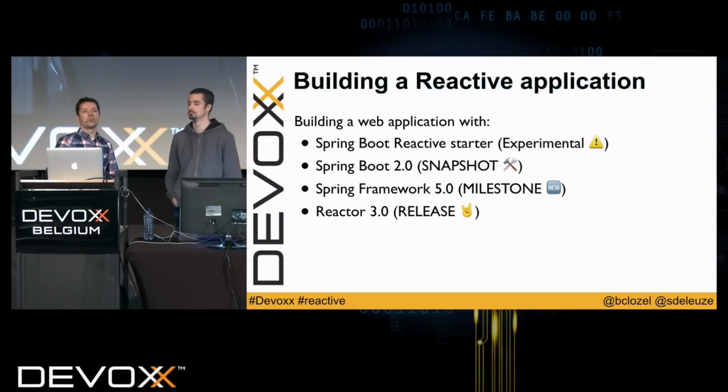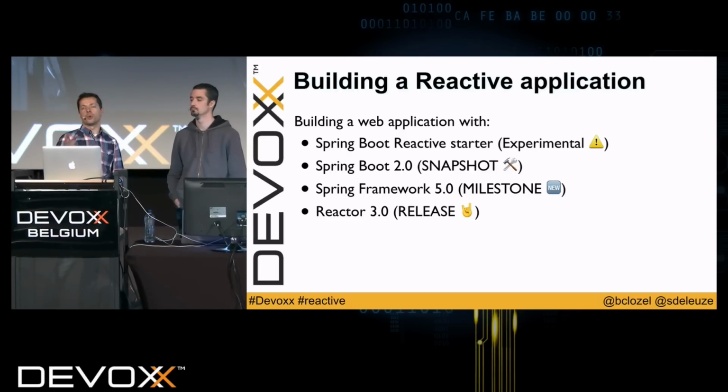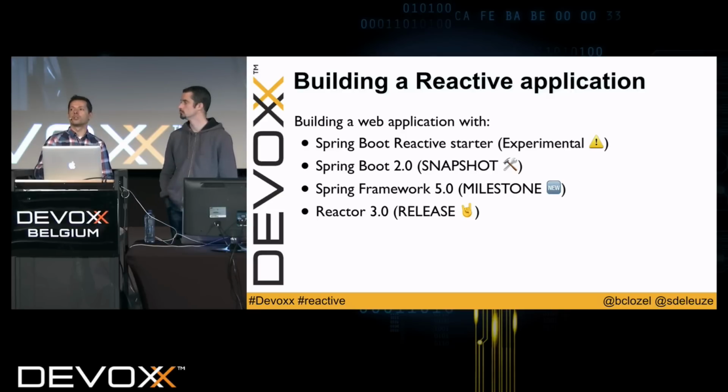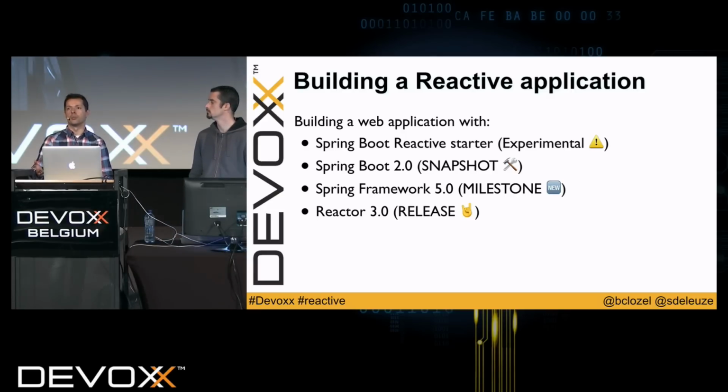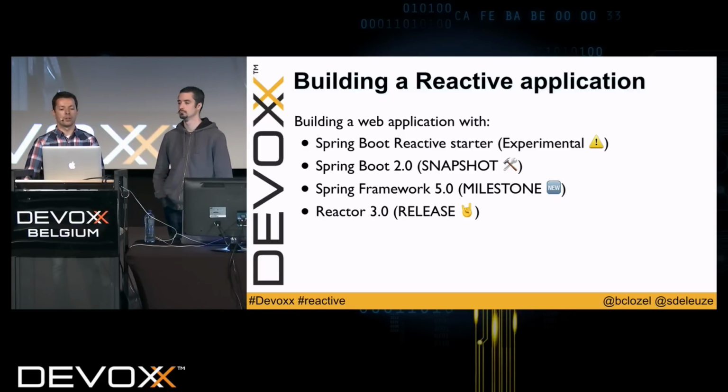The goal is not to show you what Spring or Boot is doing right now. The goal is to show you how to use those APIs and operators and how you can apply them in an application, so you can translate that to any other framework you'd like. But just so you know, the application we're going to see is built with an experimental boot starter, which is supporting the new reactive stuff.